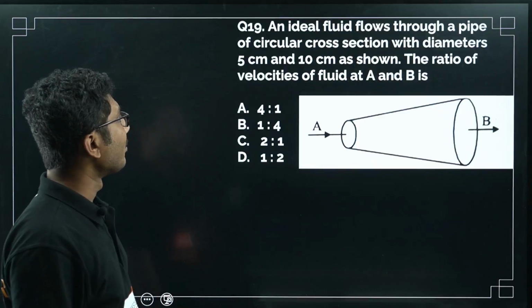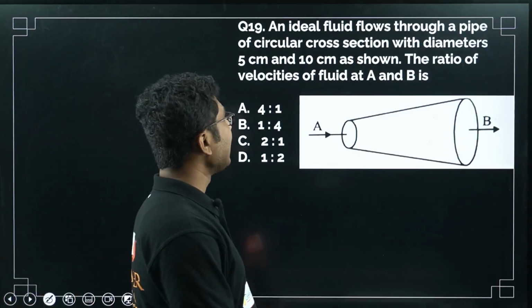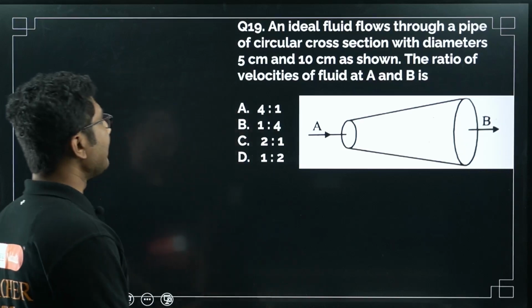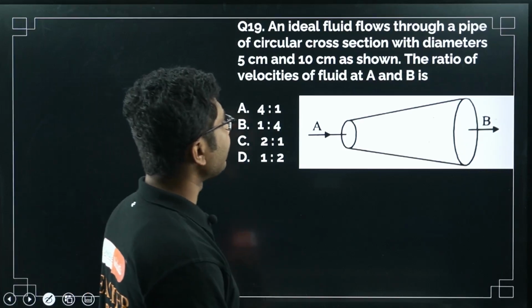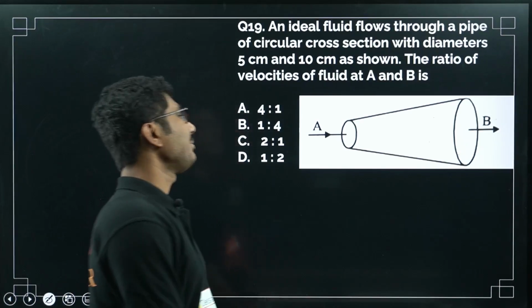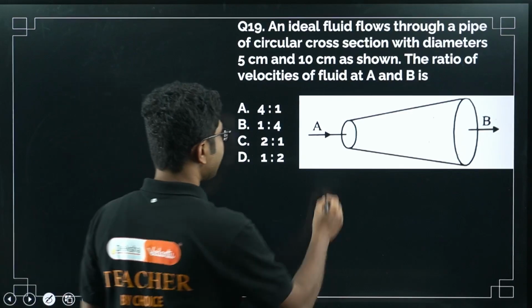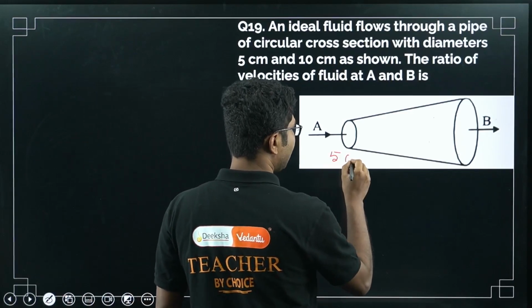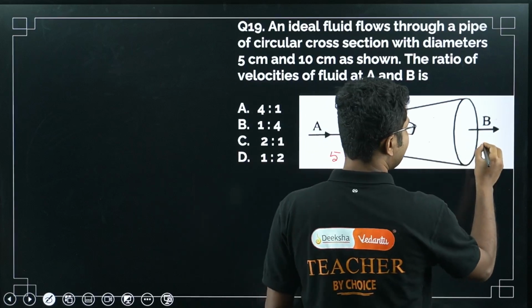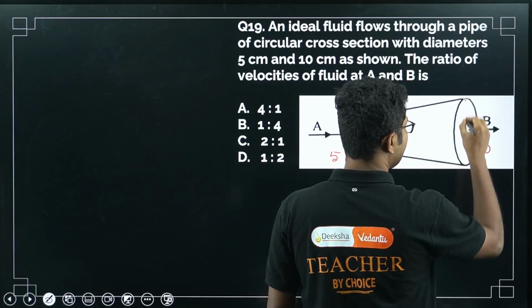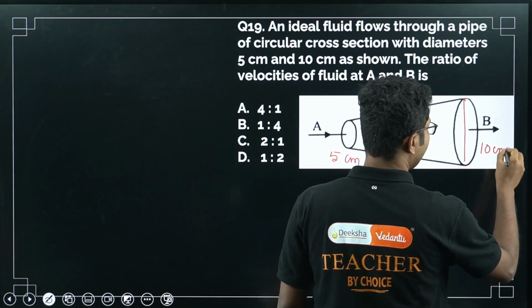Okay, now an ideal fluid flows through a pipe of circular cross section with diameters 5 cm and 10 cm. So the diameter in this case is 5 cm and in this case is 10 cm. Diameter means this is the diameter, 10 cm.